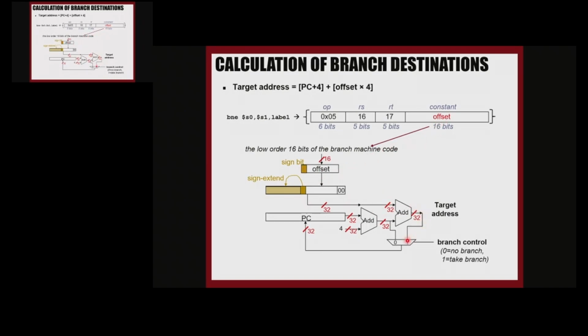And I give both of these results to a multiplexer. What a multiplexer does is that, based on the control signal, it chooses one path or another. So the output can either be PC plus 4, coming directly from here, or PC plus 4 plus offset multiplied by 4. Your output is going to be either the branch target address or the next instruction.